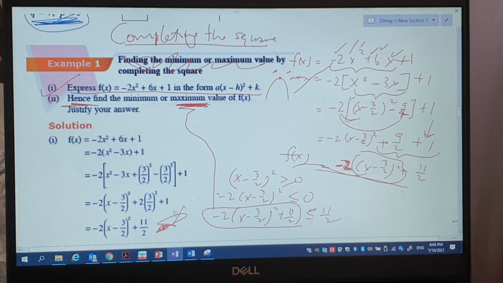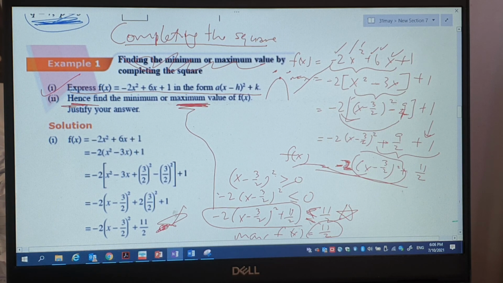You can see that it's always less than or equal to 11 over 2. That's why the maximum fx is 11 over 2. Finish. Okay? Yeah, they ask you for maximum value, so you must state this particular value equal to this. Don't state this inequality.